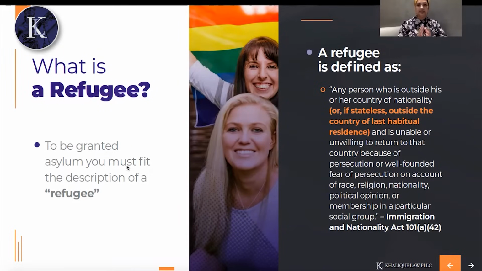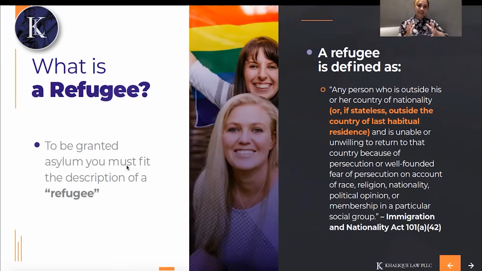And this person has to be unable or unwilling to return to their home country because of past persecution that they faced, or a fear of future persecution on account of their race, religion, nationality, political opinion, or membership in a particular social group.